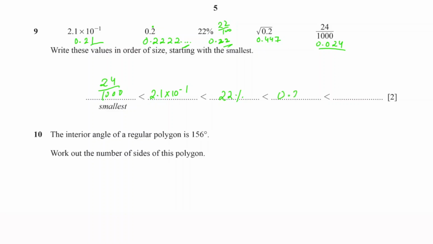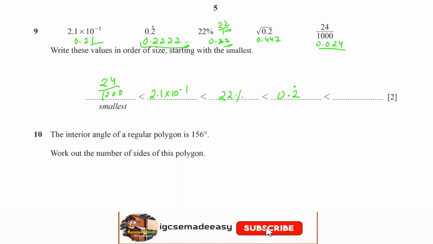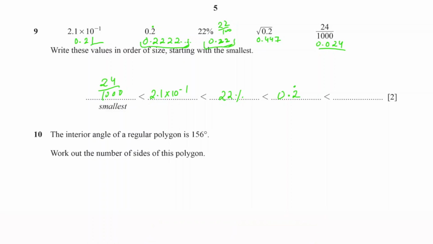Don't get confused about why this is greater than the other one, because it's 0.222222, right? More 2s are being repeated, but this is a definite value 0.22, so this will be the greater value. Then the last one is the left one, that is 0.447, or we can write it as the square root of 0.2. So let's move on.